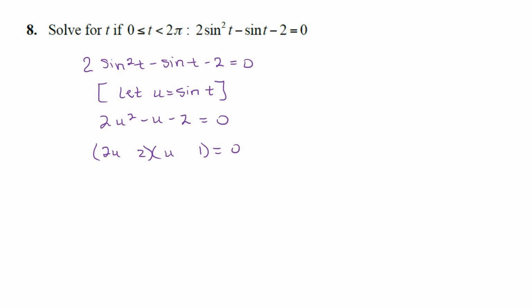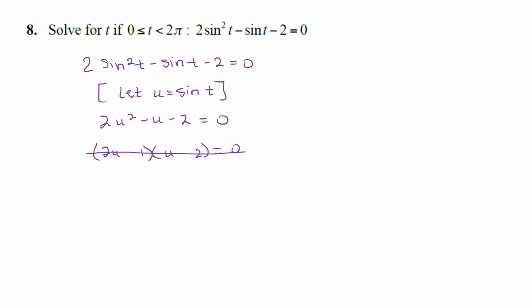If I switch it and I put 1 and 2, then that would make 4 and 1. So there's actually no 2 factors that I can use. So this quadratic is not factorable. So that means I need to use another method. And the other method that I can use is the quadratic formula.